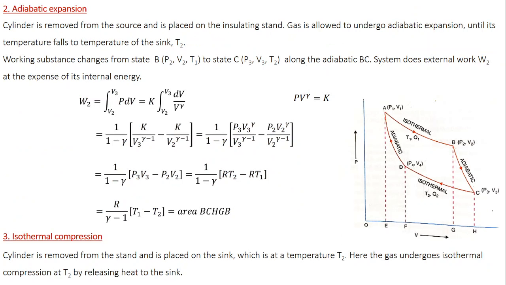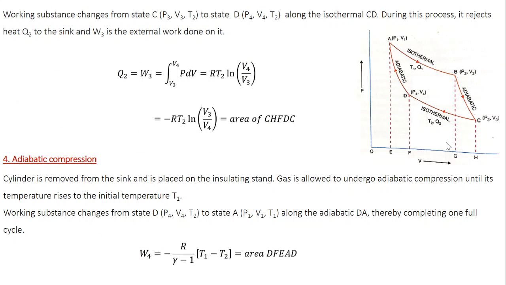So during this adiabatic compression, let's say the working substance changes from initial state D, characterized by P4, V4, T2, to the final state A, which is P1, V1, T1, along the adiabatic DA.